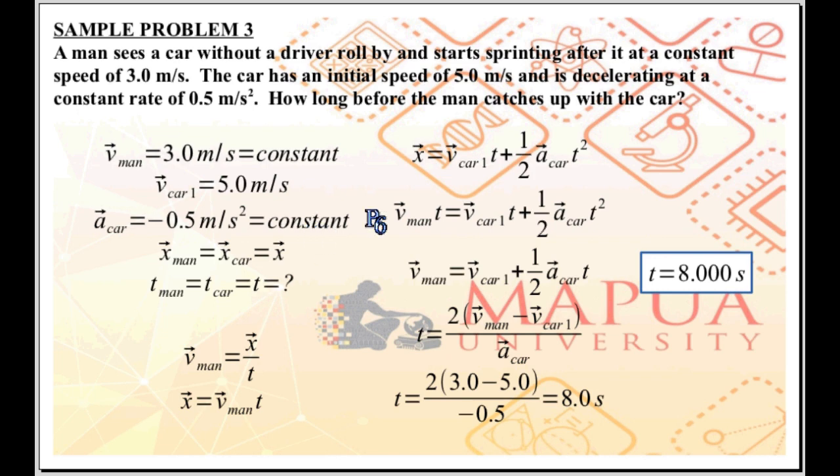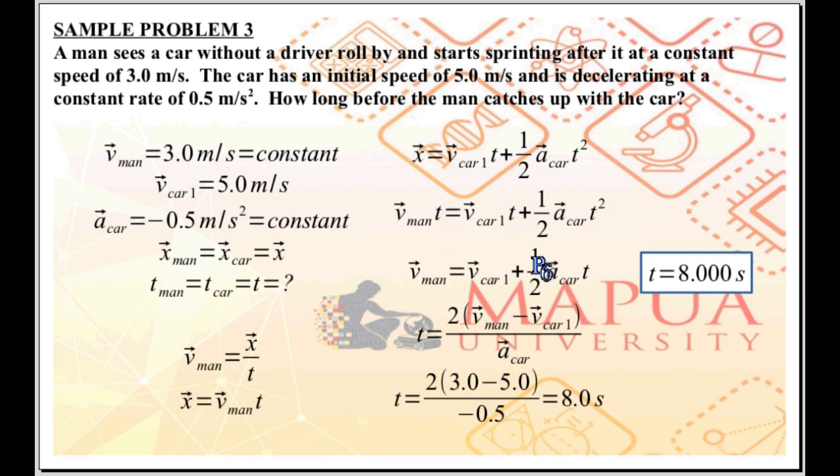One of those 4 equations is x is equal to v initial t plus 1 half a t squared. X, we can use x to unite the two analyses. Therefore, v man t is just equal to v car initial t plus 1 half a car t squared.